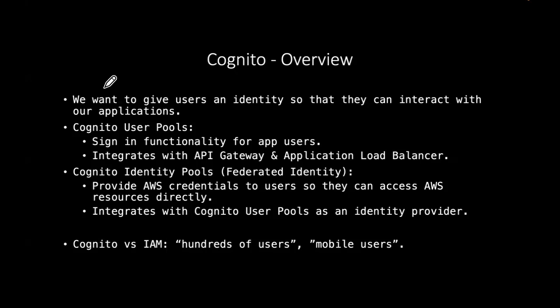So if we want to give users some sort of an identity to allow them to use our web API, although it doesn't have to be just web APIs, then that's where Cognito comes in. From an infrastructure point of view, there are two types of Cognito infrastructures that we might want to create, either a user pool or an identity pool. Now, we will only be interested in creating Cognito user pools.